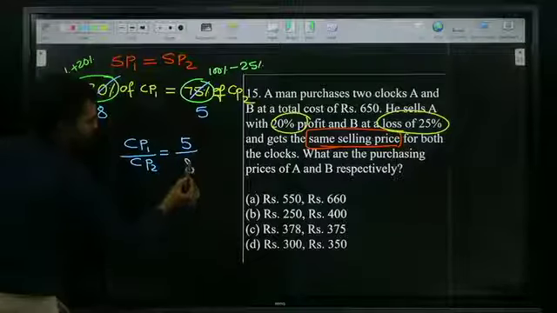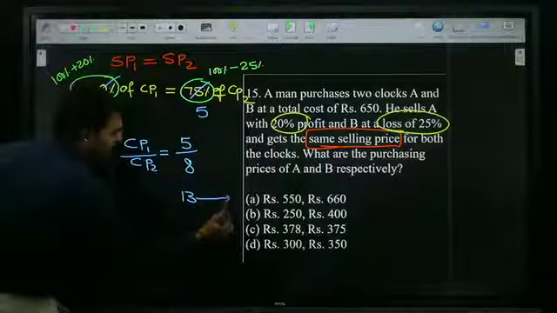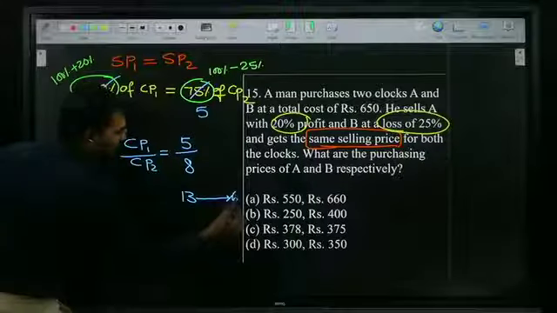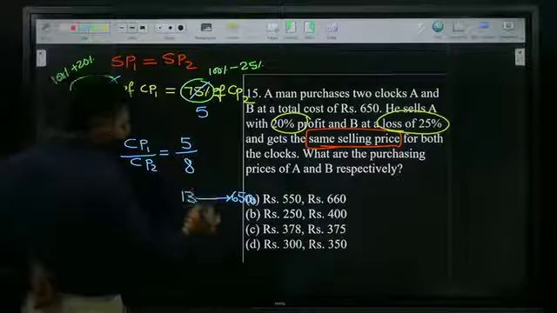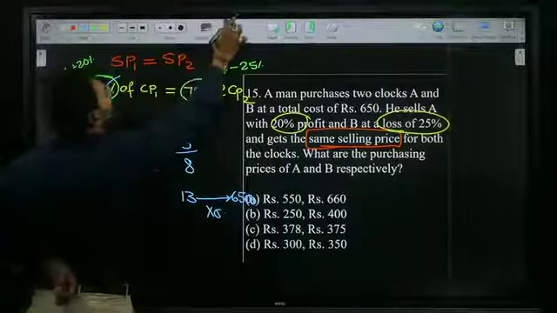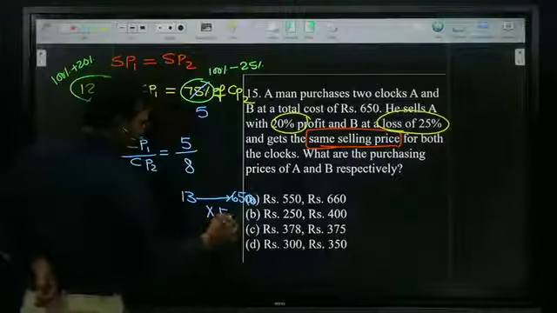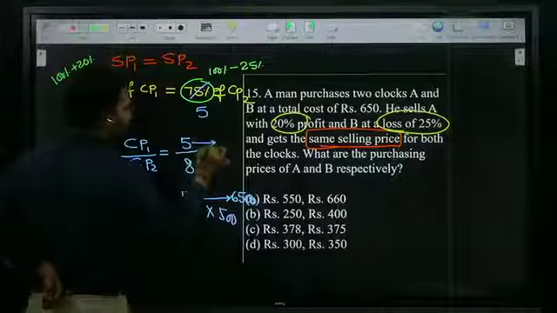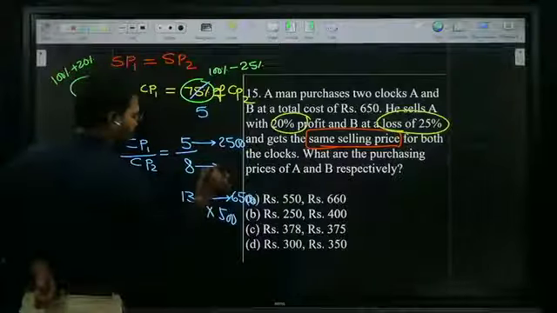5 by 8, total how many parts? 13 parts. 13 parts is nothing but 650. Then each part is how much? 50.